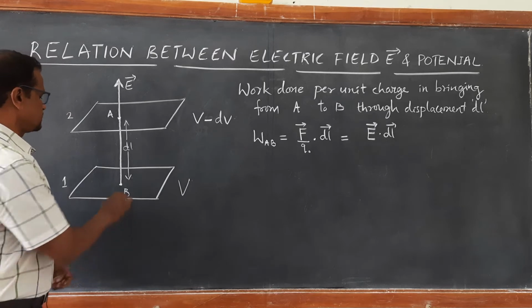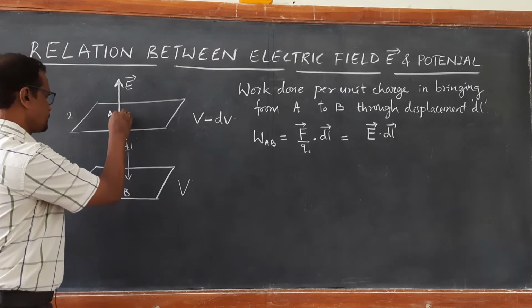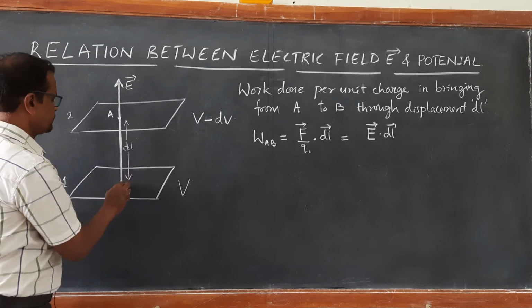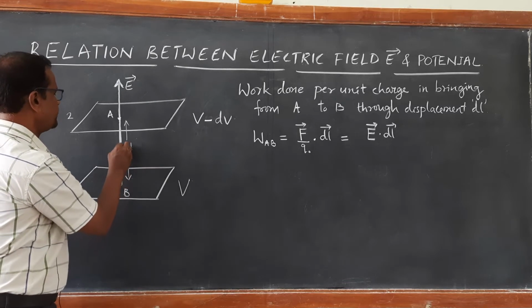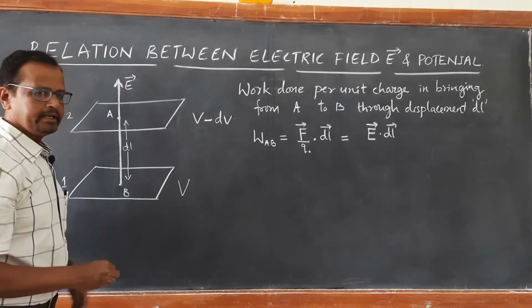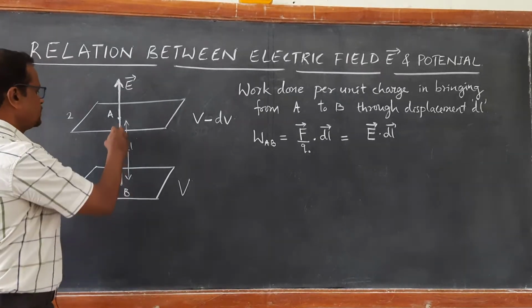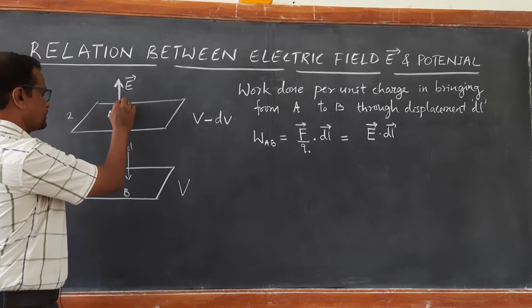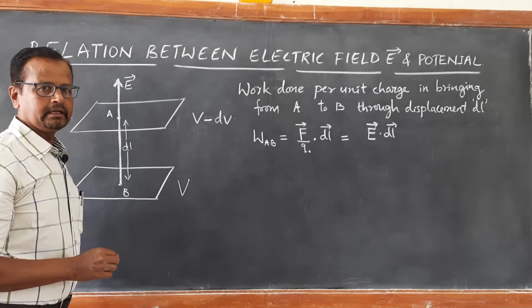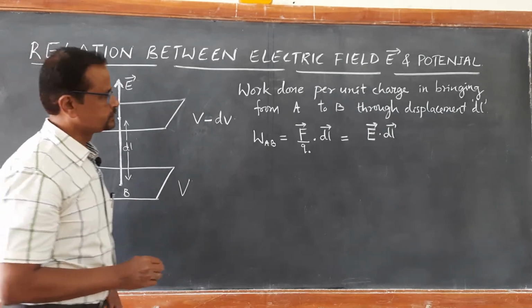Now, look at this. dl is from A to B, and the electric field is directed from B to A. So, work done will be negative because the angle between the electric field and the displacement dl is 180 degrees.